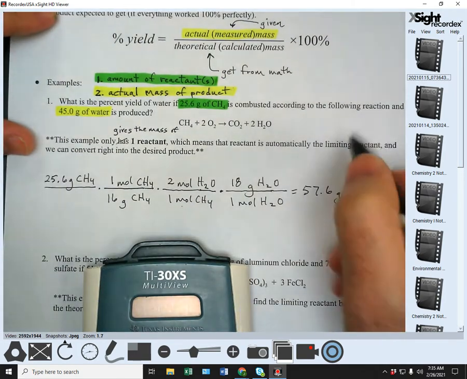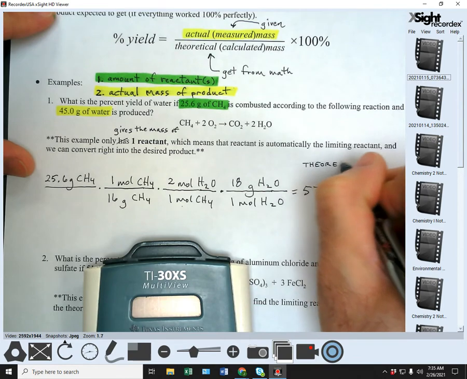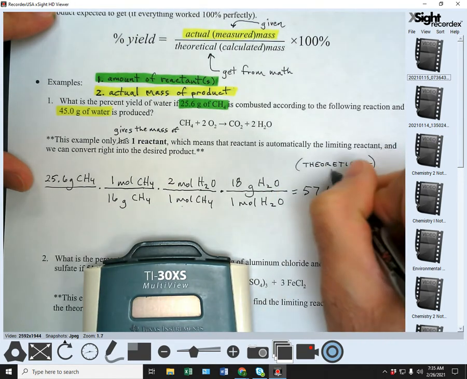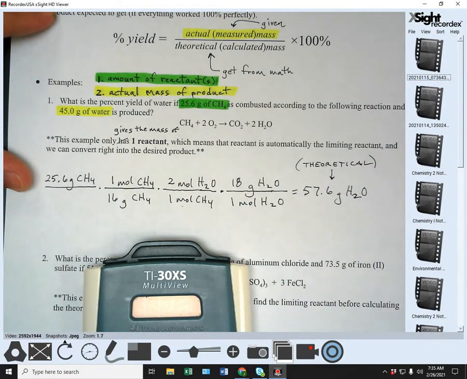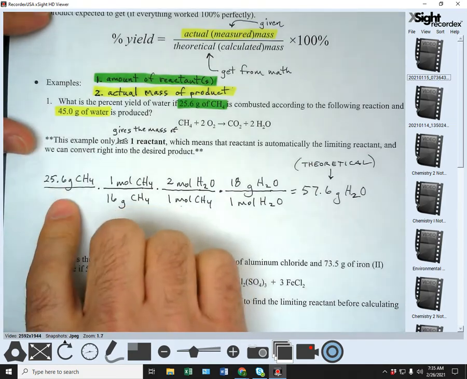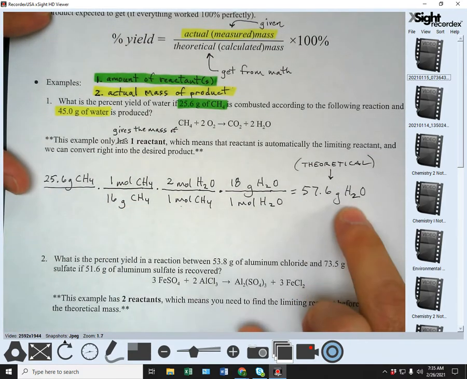Okay, this is the amount of water. This is the amount of water that would be made if we used all of the grams of CH4, if everything worked 100% perfectly. Okay, so this is our theoretical.